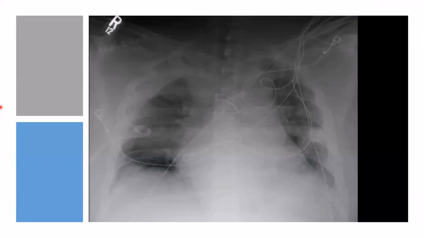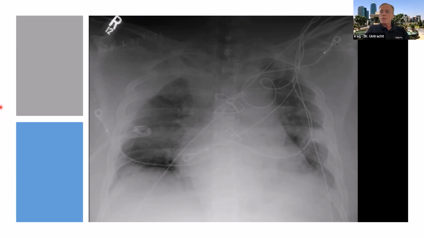Thank you, Dr. Calais. And let's go to Iraq. Dr. Nuntrak, your comments, please. Yeah, so this seems to be a semi-upright or supine AP film, and the lung volumes are small bilaterally without any apparent reason. He didn't have a laparotomy, no thoracotomy, and he's a young man. So why small lung volumes?